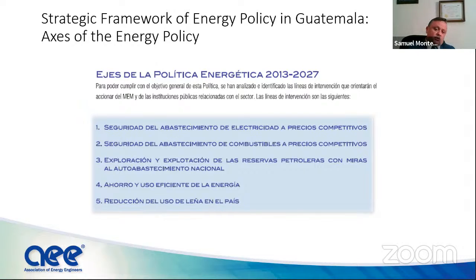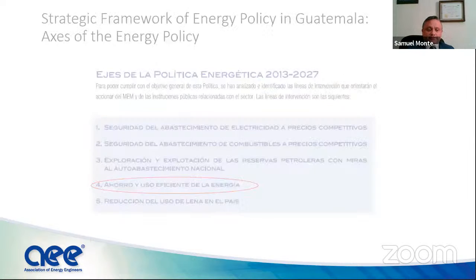Number one, electricity supply security at competitive prices. Number two, security of oil supply at competitive prices, exploration and exploitation of oil reservoirs for the national supply in the future. Number four is the saving and efficient use of energy. And number five, reduction of firewood use in the country. And for this presentation it is axis 4.